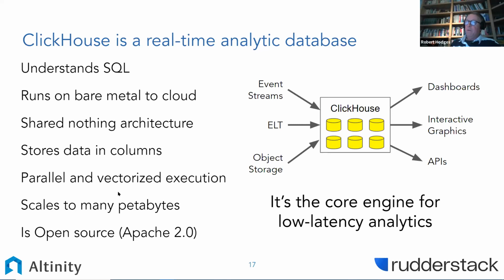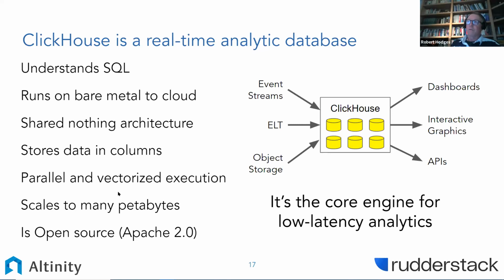Where it differs from these databases is the analytic capabilities. So things like being able to store the data in columns with very high compression, being able to do parallel and vectorized execution so that queries that might take you literally hours on MySQL will complete in seconds or less in ClickHouse. And then the ability to scale to enormous amounts of data.